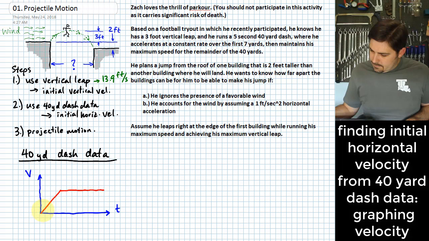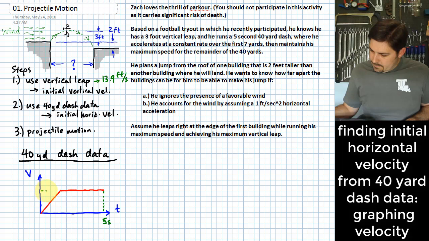And so that's what we have in this little region right here, and then once he reaches his top speed, then he holds that top speed until the end of his run. Okay? So one of the things that we know here is that it takes him 5 seconds. So we'll go ahead and put that right here. This is at time 5 seconds where he finishes this 40-yard dash.